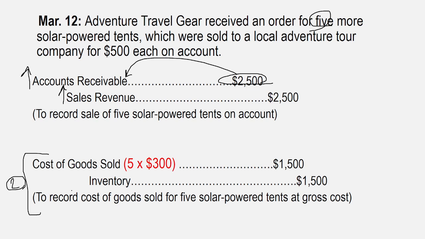This amount is also calculated by multiplying the cost of goods sold, 300, by the number of units. Cost of goods sold is increased by 1,500, so it becomes a debit, and inventory has experienced a decrease, which is considered a credit of 1,500.